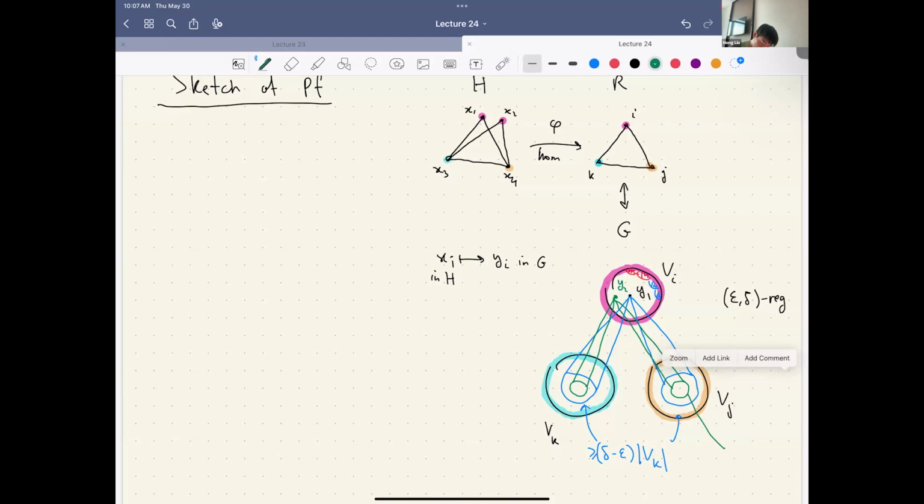What's this size? This size is going to be delta times delta minus epsilon, minus epsilon, correct? Times fraction.